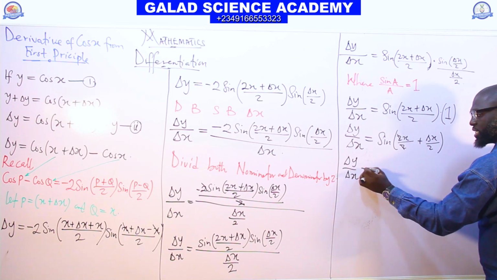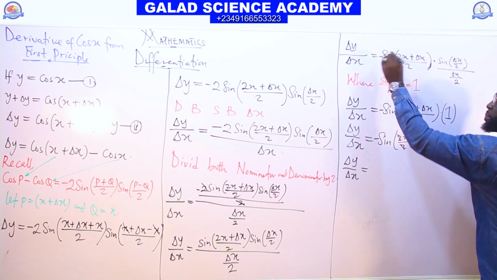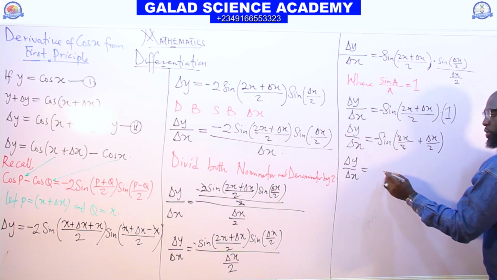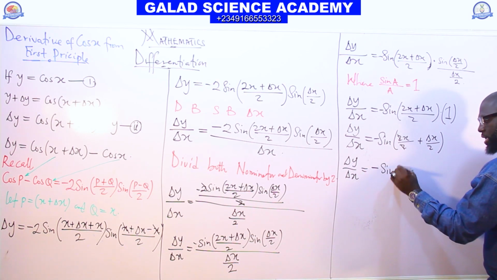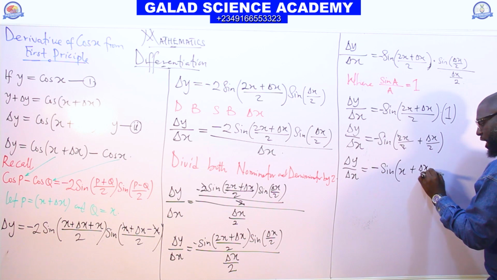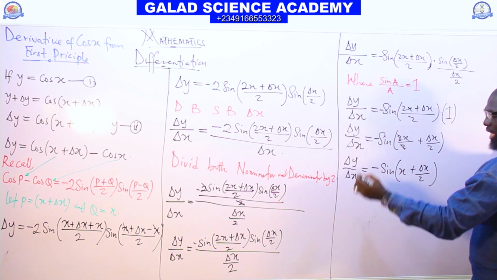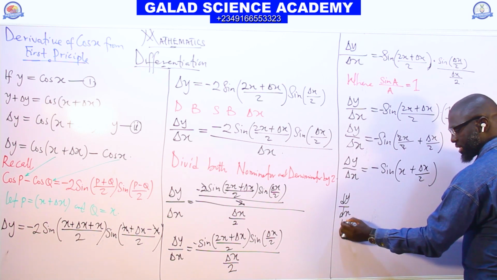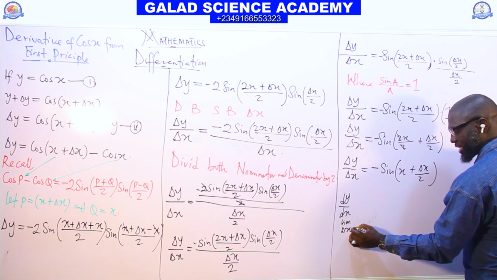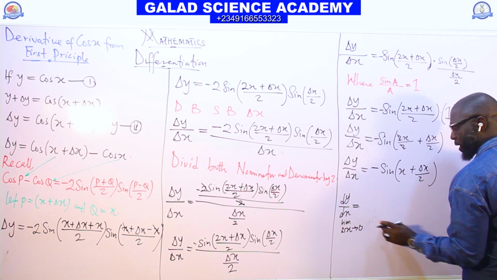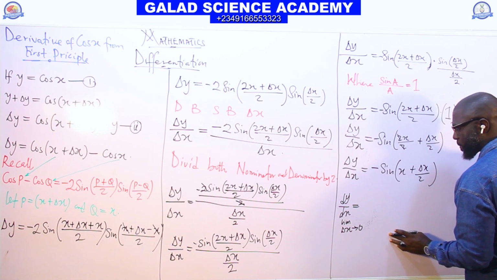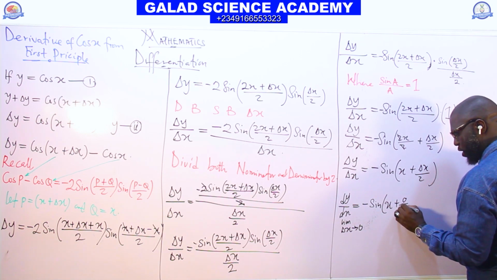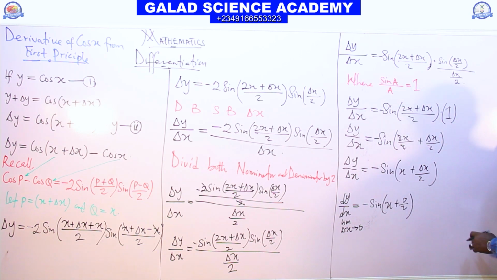Change in y over change in x, sorry, where is the minus here? Minus sine of (x plus change in x over 2). We can now say dy over dx, with the limit as change in x tends to 0, is equal to minus sine of (x plus 0 over 2).